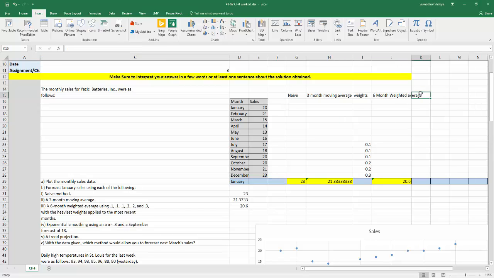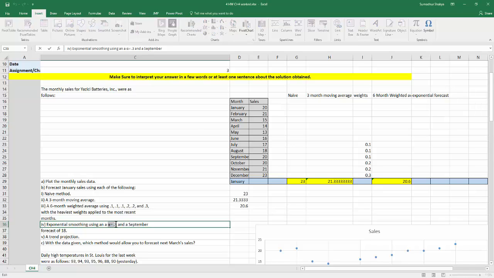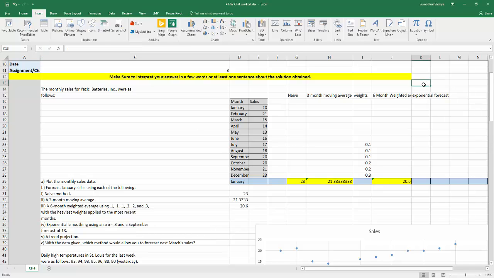and do the exponential. Now let's say I had alpha somewhere here. Okay, I'm going to put this here, but I'm going to bring this number here so then I can make use of it in calculations.